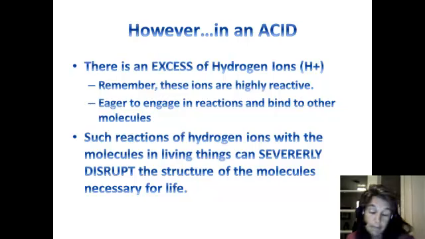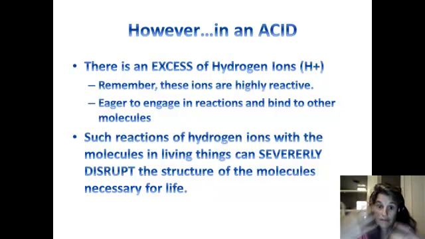They are eager to bind to other molecules, and in a living thing, the molecules in your body, if there's a bunch of hydrogen ions trying to bind with them, they will succeed and begin to change the chemical structure of the molecules making up your own body. And that, of course, can be devastating. You're altering the shape of molecules by pulling molecules apart so that these hydrogen ions can interact with them.